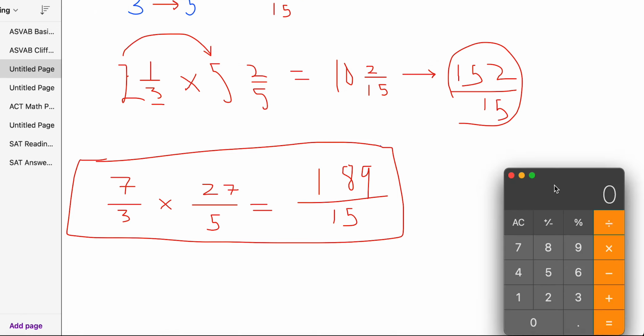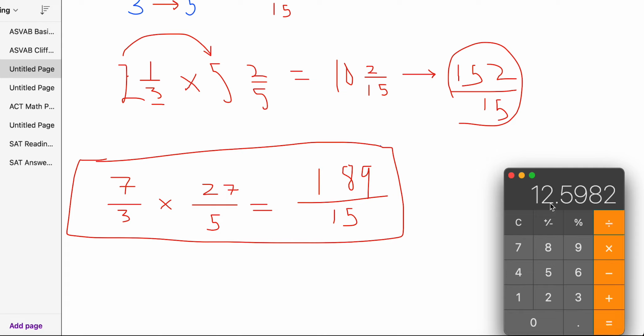Okay. And then we could do 2.33 times 5.2, and it'll be 5.4 actually.